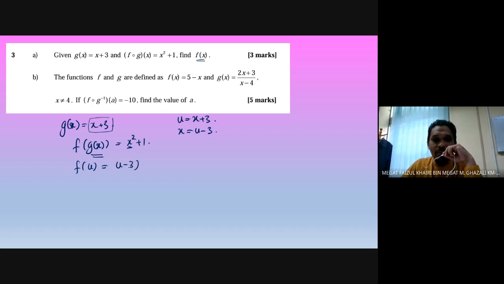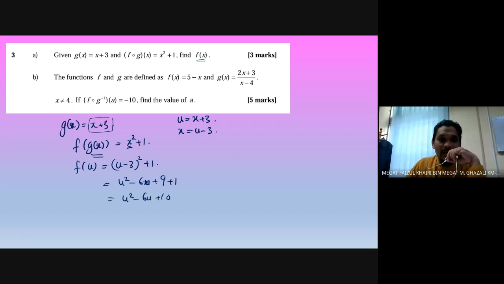So (u - 3) squared + 1, and then u squared - 6u + 9 + 1 gives you u squared - 6u + 10. So f(x) equals x squared - 6x + 10. Okay, so this is the solution of question 3a.